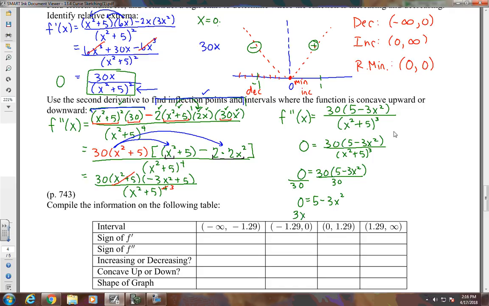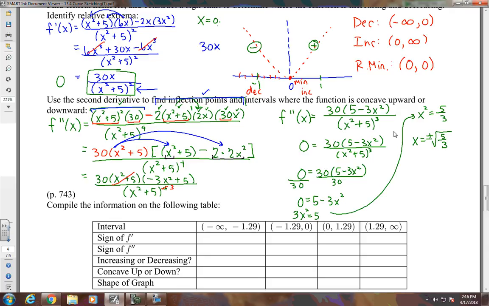Add 3x squared to both sides. Divide both sides by 3. And take the positive and negative square root of both sides. Now, if that was too fast, pause the video as we're going through the steps, work them one by one, and make sure you understand each little algebraic step.